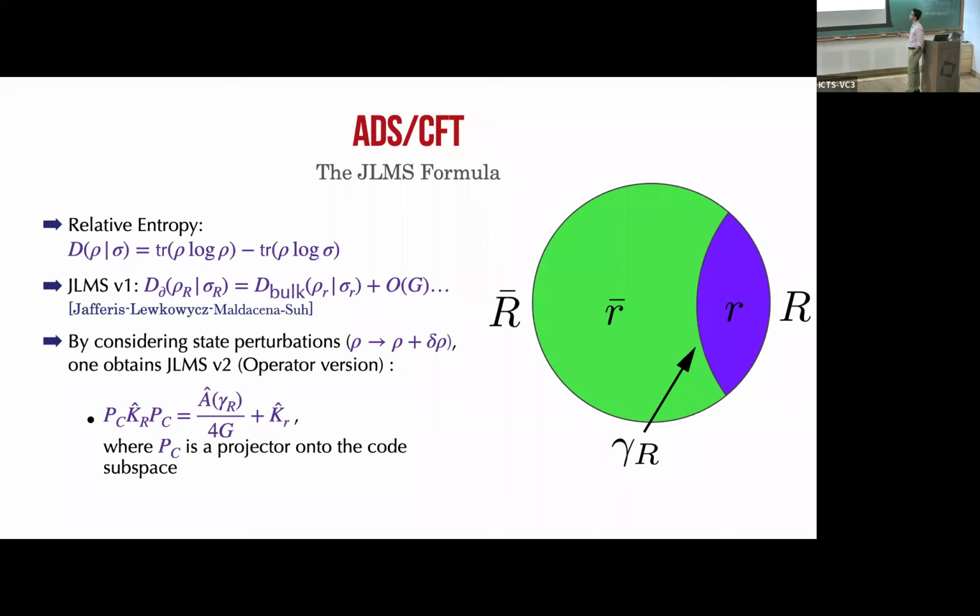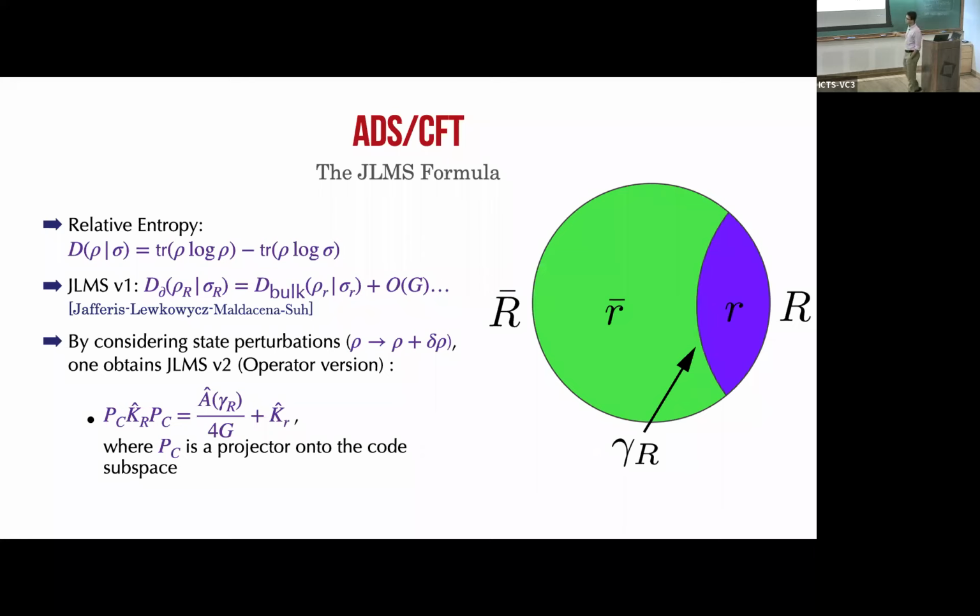And the way they phrased their result was the fact that the boundary relative entropy computed on this region capital R is the same, up to small corrections, as the bulk relative entropy in this blue region little r, which is the entanglement wedge, the region that's bounded between the extremal surface and capital R, that by subregion duality is just dual to the boundary state.